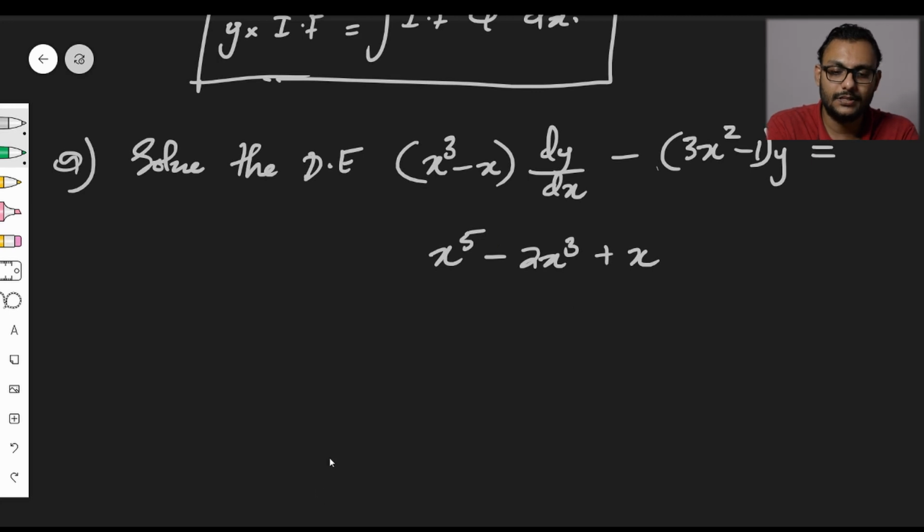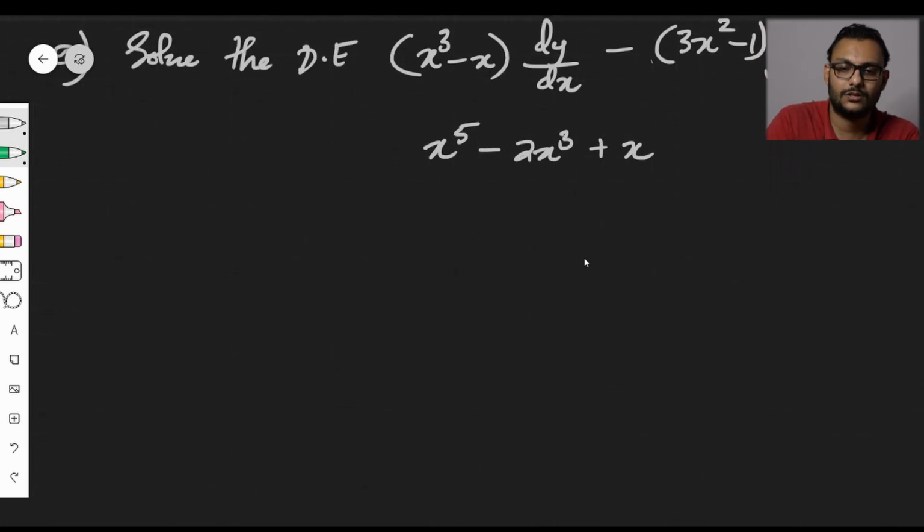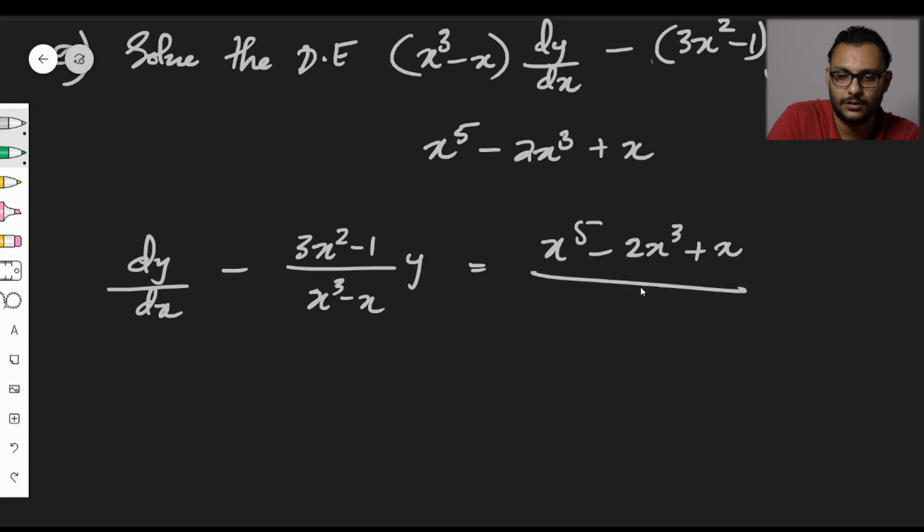So arranging this to our standard form, we can take this coefficient and divide it throughout this equation. So we will get dy by dx minus 3x square minus 1 by x cube minus x into y equals x raised to 5 minus 2x cube plus x divided by x cube minus x.